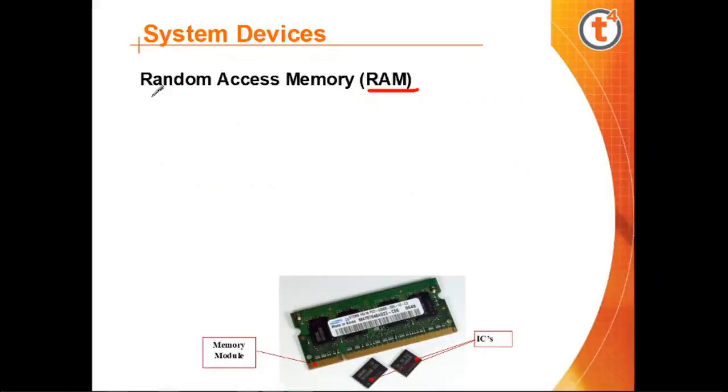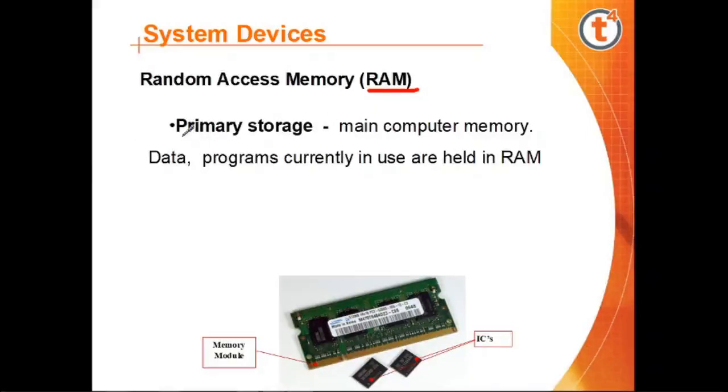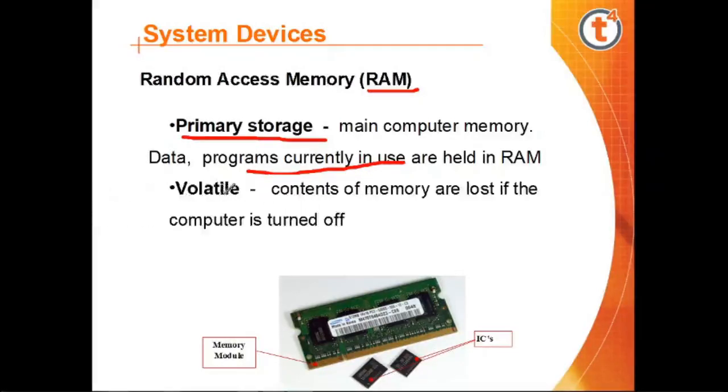RAM is defined as random access memory. Primary storage is the main computer memory that helps us to store data. Programs currently in use are held in RAM. Whatever you have done on a system is held in RAM. It is volatile, so the contents of memory are lost if the computer is turned off.